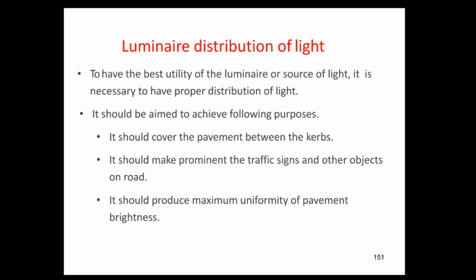Its major purpose is to cover all the pavement along with the curves or between the curves, and it should make prominent that the traffic signs and other objects on the road are clearly visible to the driver or the user of the road, and it should produce maximum uniformity of the pavement brightness. That means it should have uniform distribution of light, thus avoiding the dark spots on the pavement.